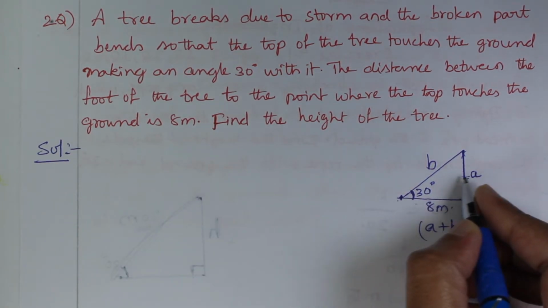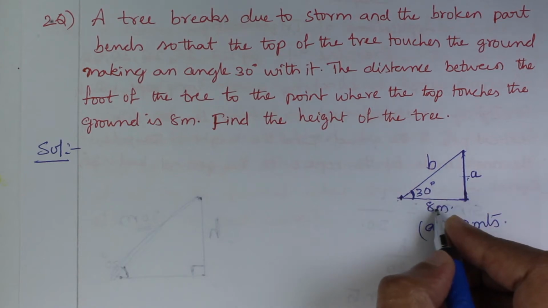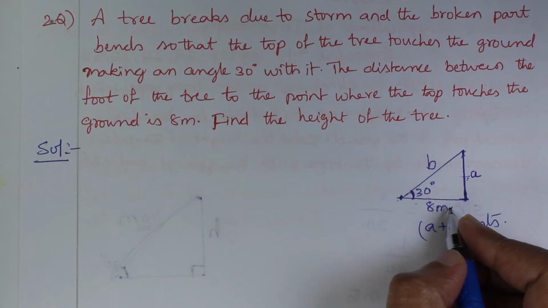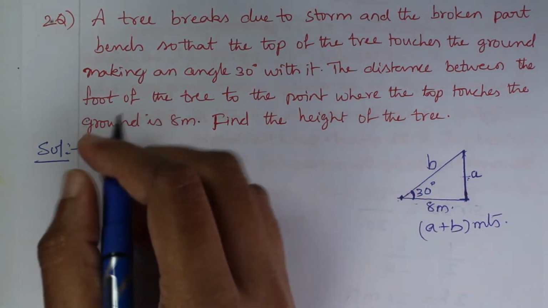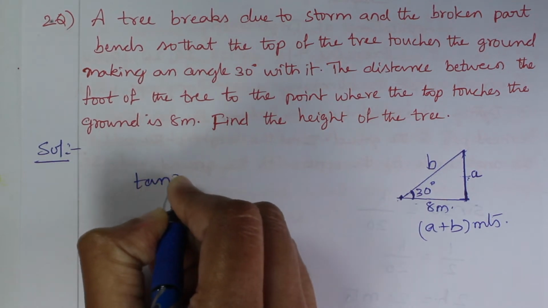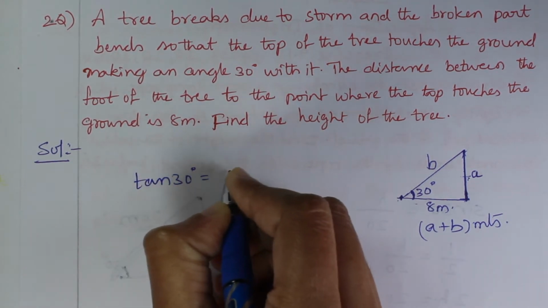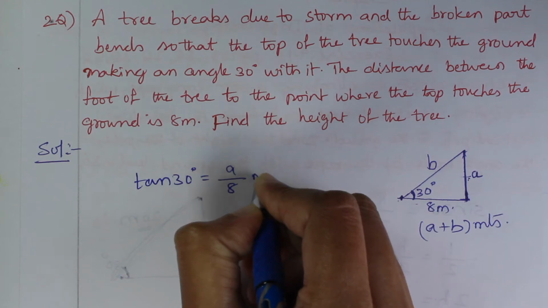Now let's see how we can calculate A. This is the opposite side and we know the adjacent side. So what is the ratio we can use? Tan, right? Tan is equal to opposite side by adjacent side. So tan 30 is equal to A by 8 meters.